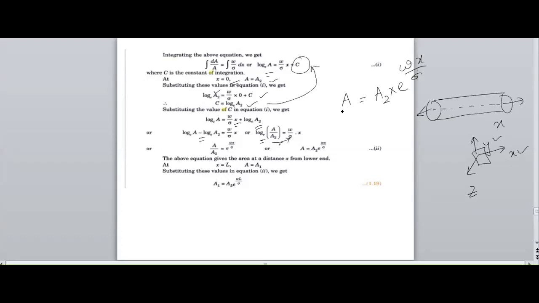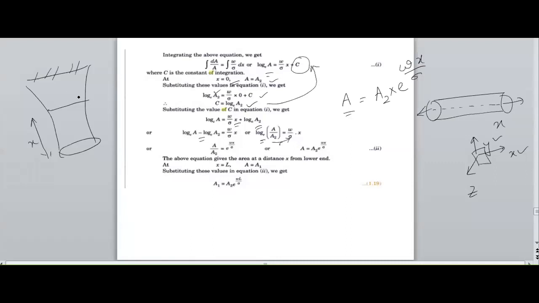Therefore, this is the area at any location. If I need to find the area at x, that is the area at that location, this is the x location.